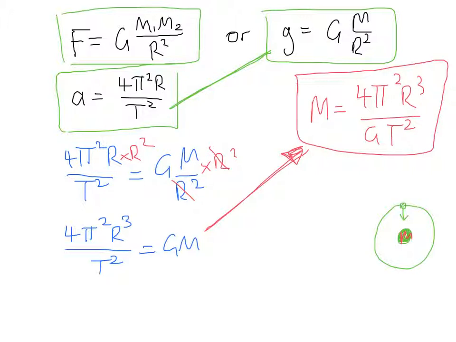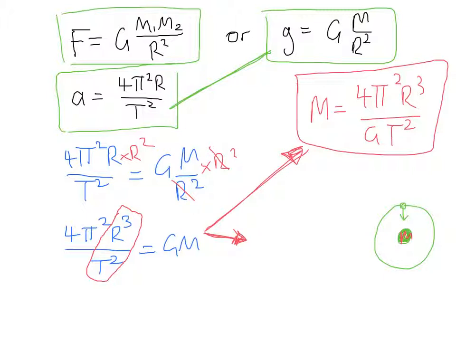Now, the other thing that we can do with this is that if we look on the left-hand side, the two things on the left-hand side that can change are r cubed over t squared. So I'm going to do a second derivation here from this first equation.